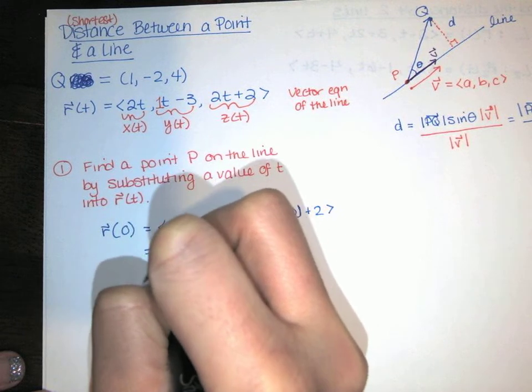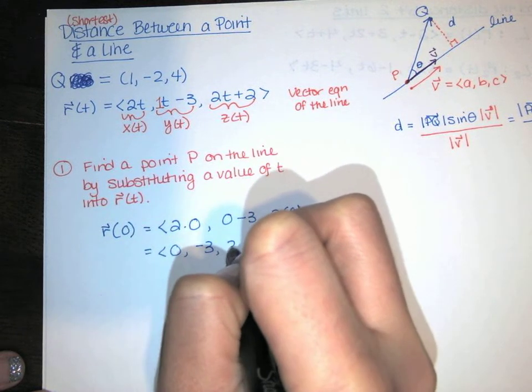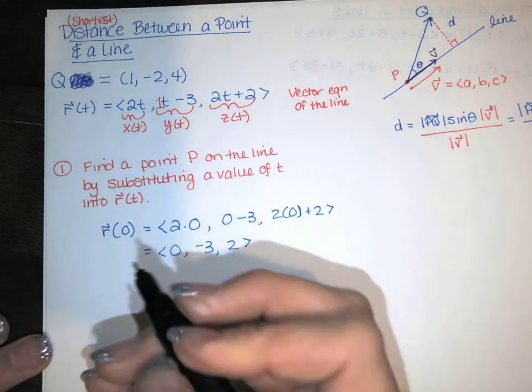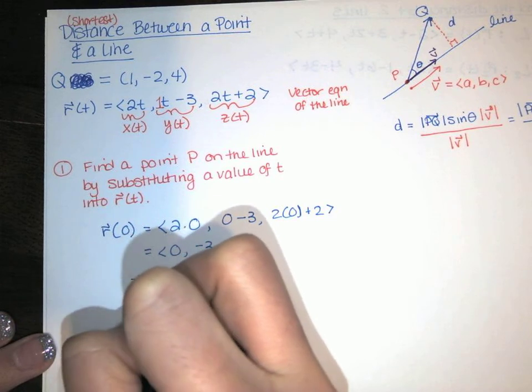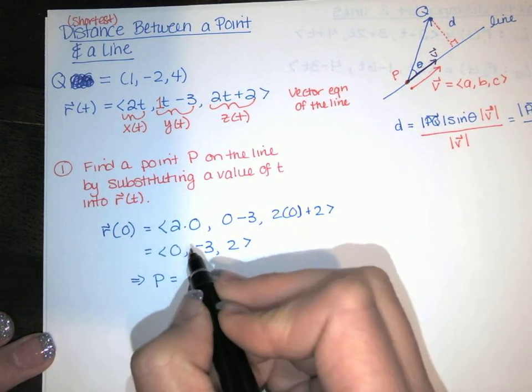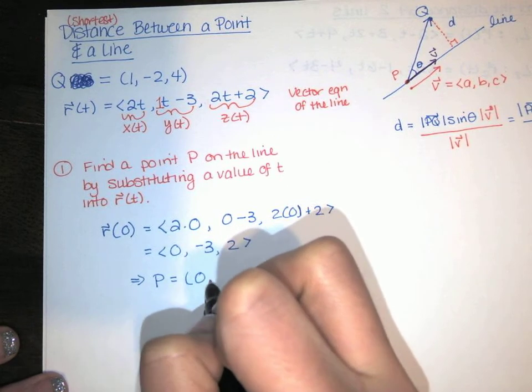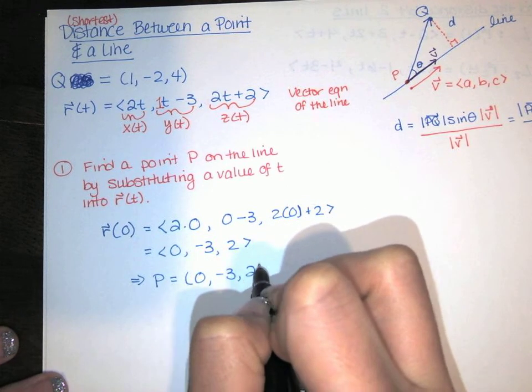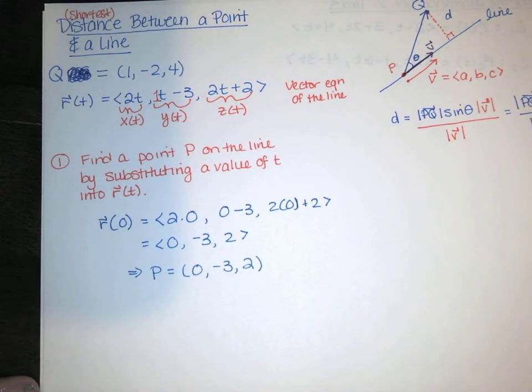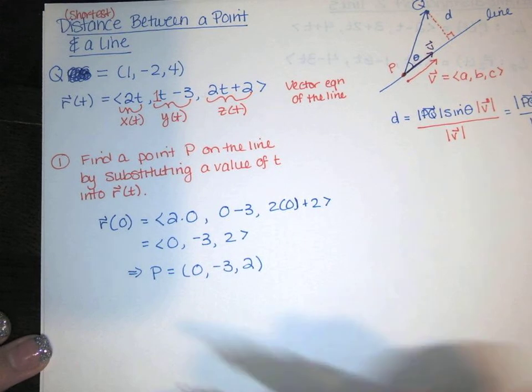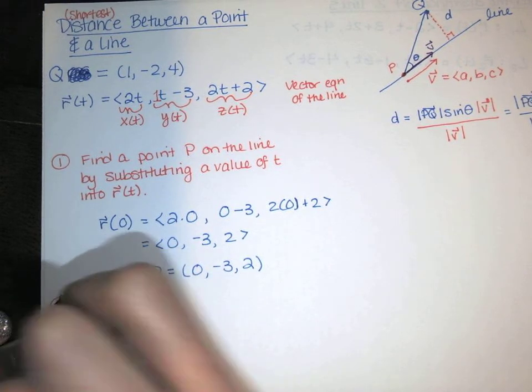So we just get 0, negative 3, 2. Now that's a vector. The point P has this location. That's the x, the y, and the z when t equals 0. So we have that. We also need to identify the direction vector of the line.